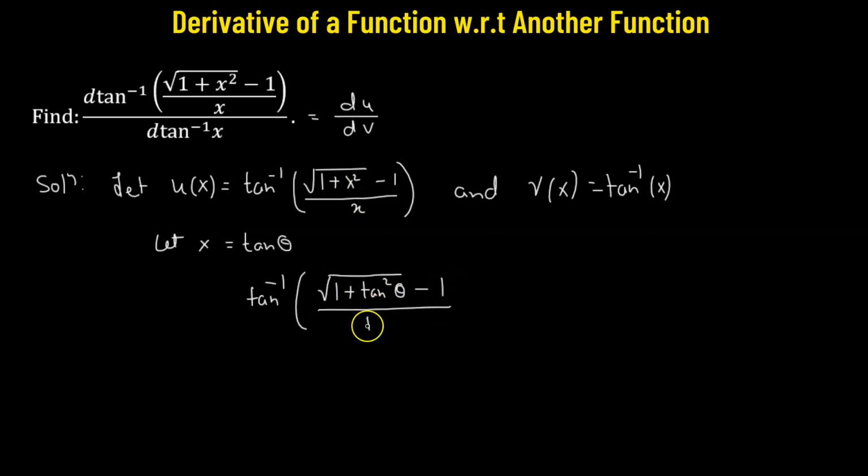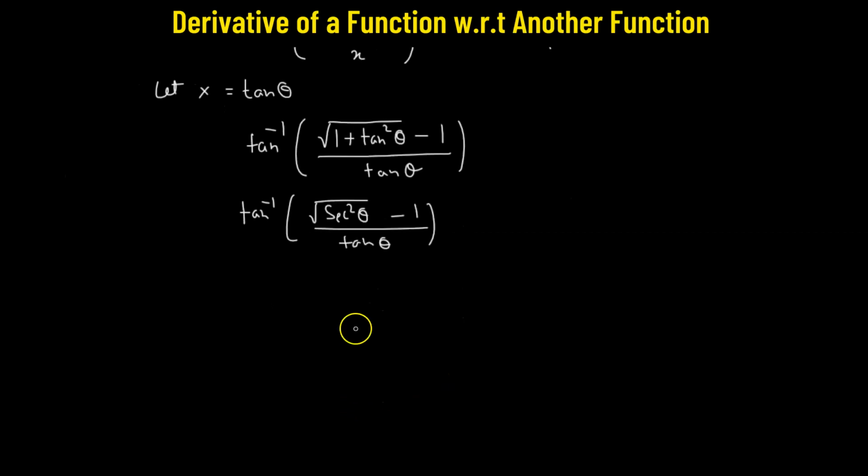That gives us tangent inverse of square root of 1 plus tangent squared theta, which is secant squared theta, and we take the square root, minus 1 divided by tangent of theta. Further simplification gives us inverse tangent of secant theta minus 1 divided by tangent of theta.